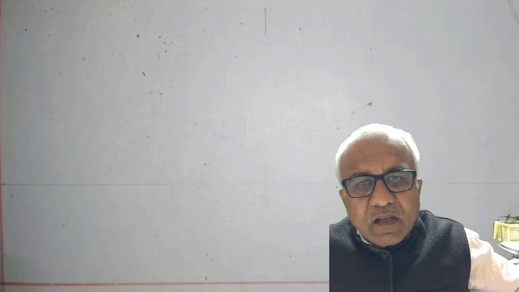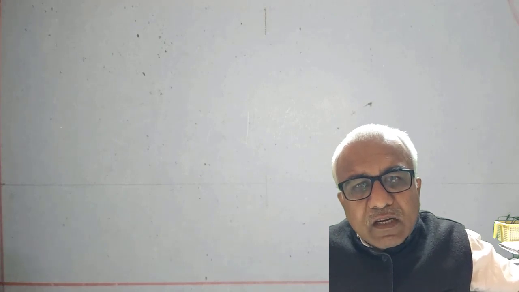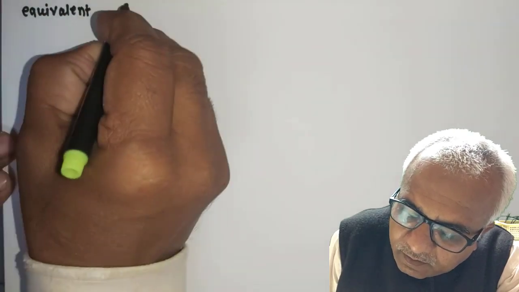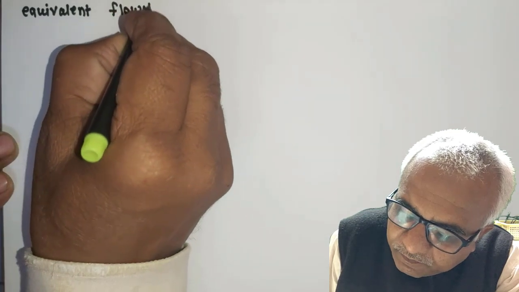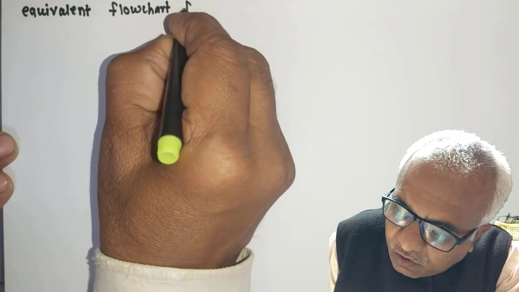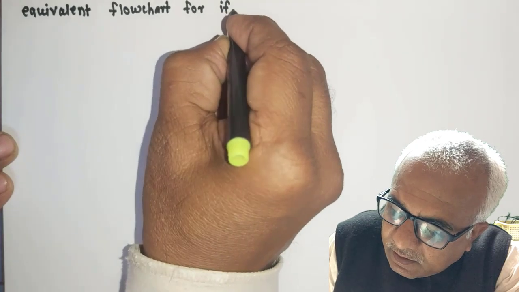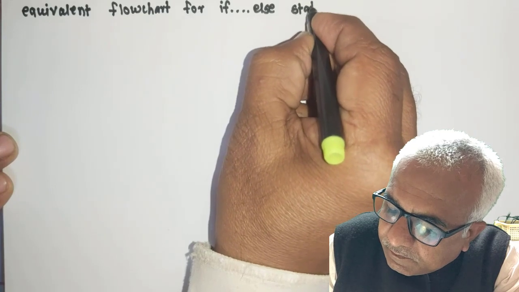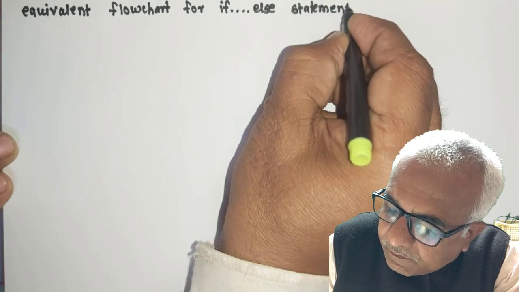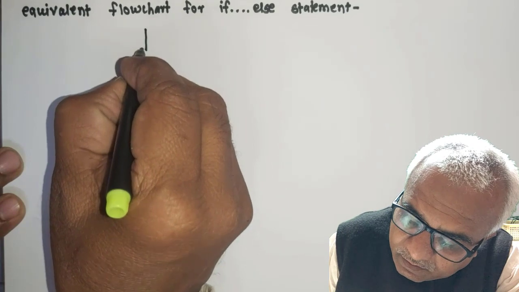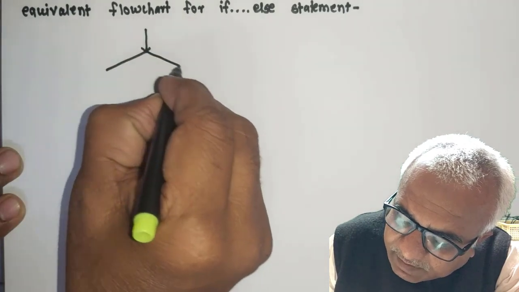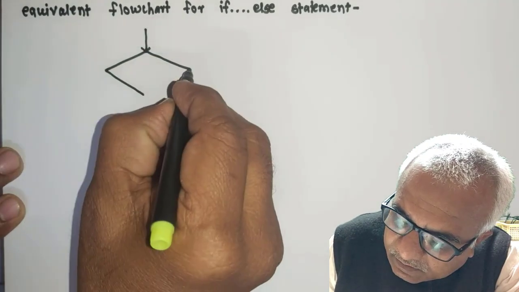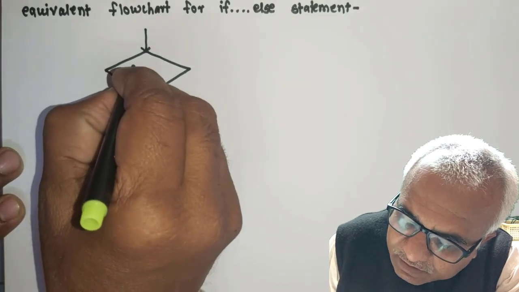Let us study now the equivalent flowchart for the if-else statement. So this is the decision making box called a diamond box.